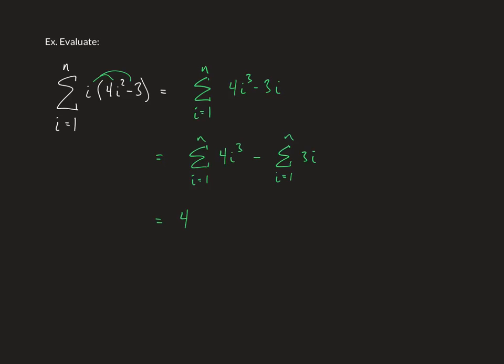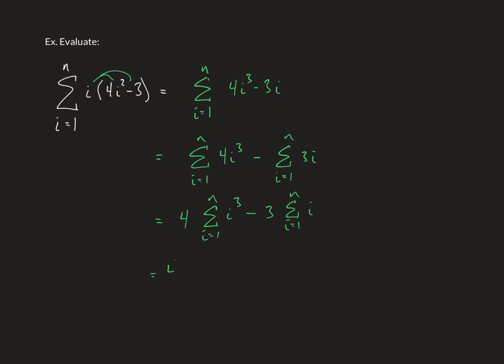So finally I'm going to rewrite this as 4 times the sum from 1 to n of i cubed. And I'm going to do the same thing with the 3 here, minus 3 times the sum from 1 to n of i. And this is where I can apply the last two theorems that we wrote down in our notes.